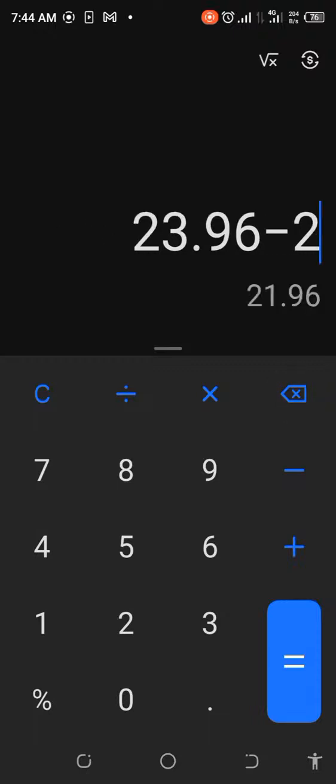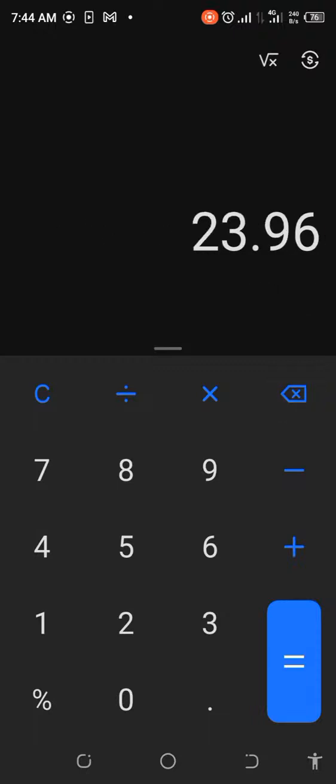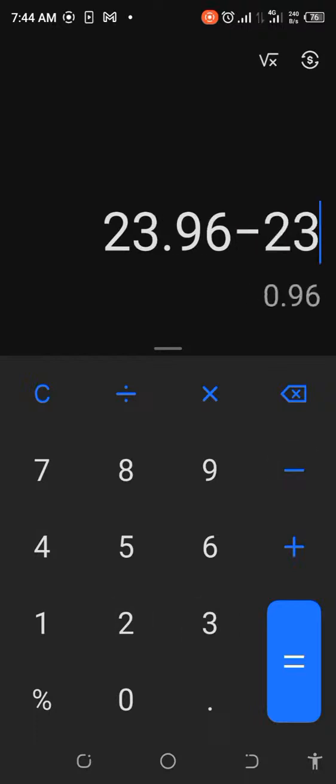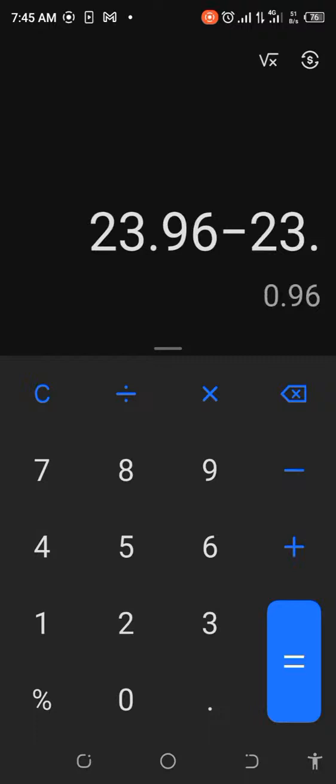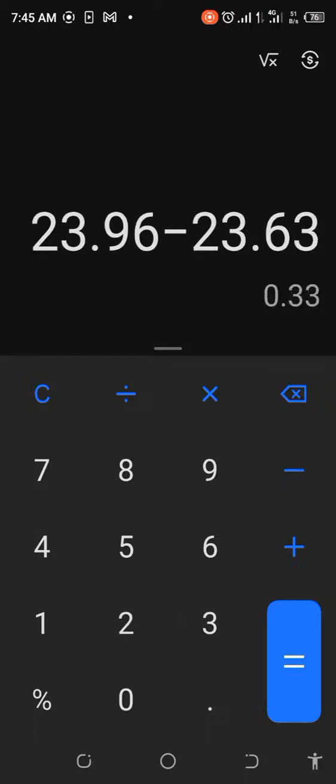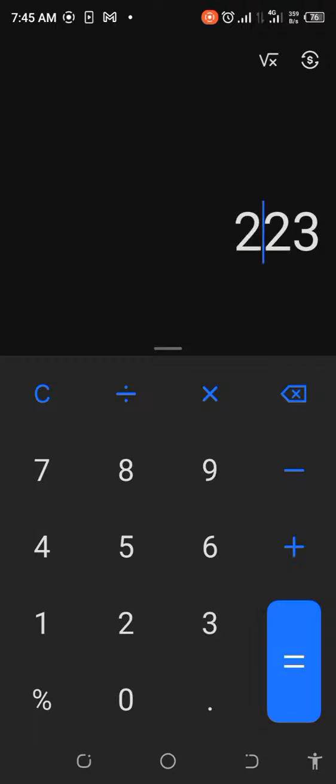Let's just multiply this. That's 23.96 minus 23.63. We're going to use 23.63 actually for this calculation, because that's what came in.